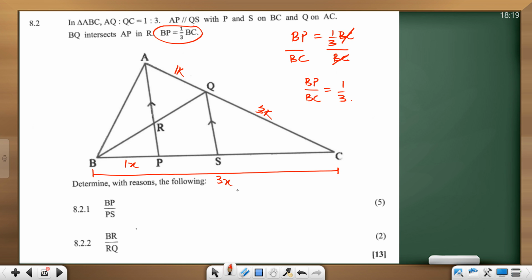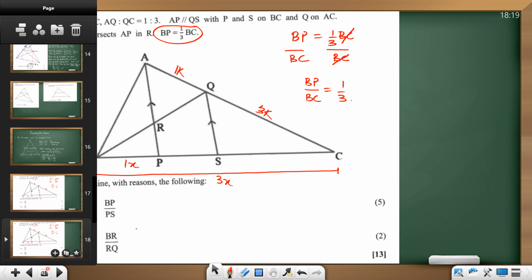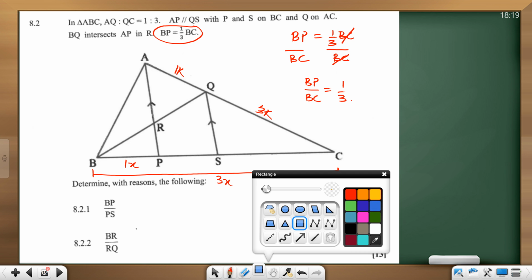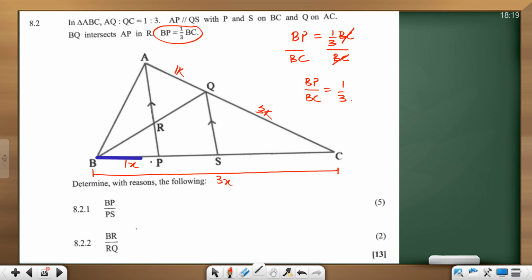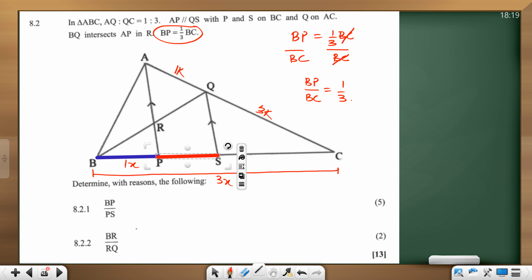Let's trace those lines. Let me duplicate this quickly. It will help us to trace them. I'm going to use color codes to trace the lines out for you, so I can see which triangle we're working with. What are we looking for? BP over PS. Now, do we have a triangle that has these two involved with parallel lines?